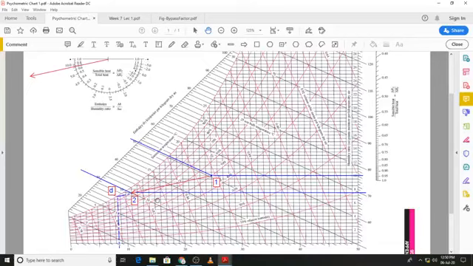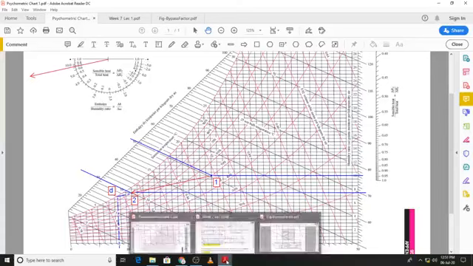You can see that h1 is 50.5 and w1 is around 10 grams per kilogram dry air. Similarly, h2 is 30 kilojoules per kilogram dry air, the specific enthalpy, and the humidity ratio is 7.5 grams per kilogram dry air.